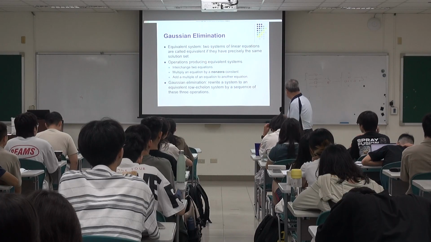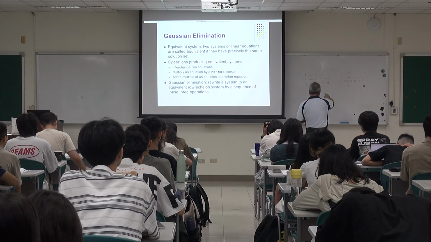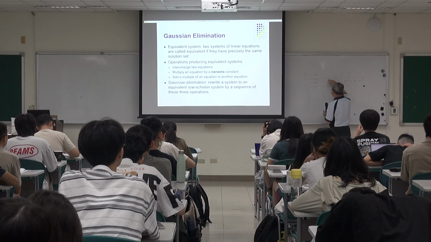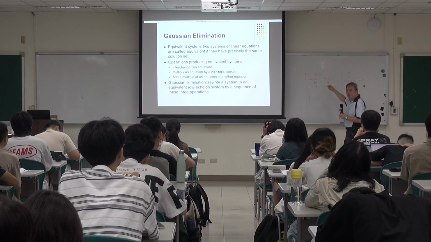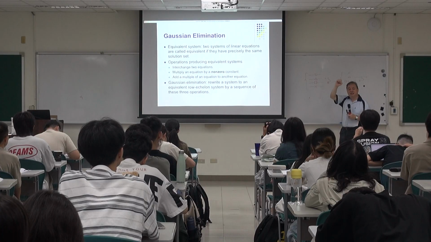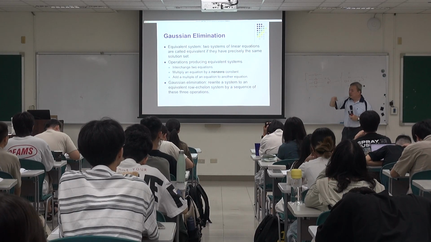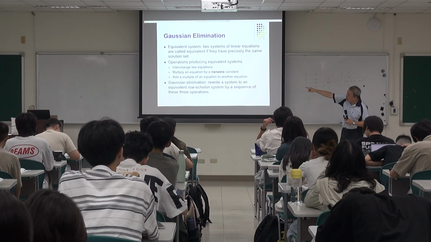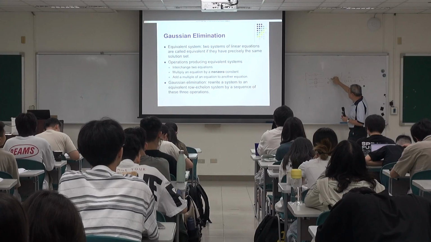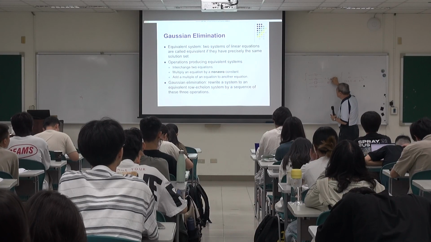Okay? So if you multiply the equation by a constant, this constant could even be 0. When it's 0, obviously, it does not change anything, right? It's really different from the second operation. So this c can be any constant.